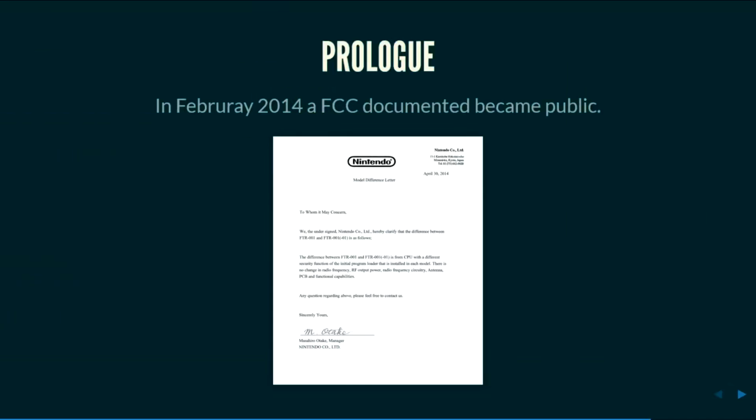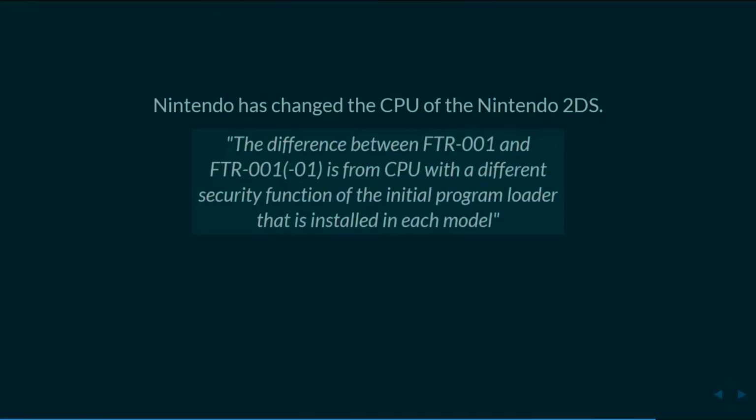It says that Nintendo has changed the CPU of the Nintendo 2DS. And there's one really interesting sentence that says they've changed the security function of the initial program loader that is installed in each model. The initial program loader is probably the boot ROM, so obviously there must be some really huge bug in the boot ROM, right?